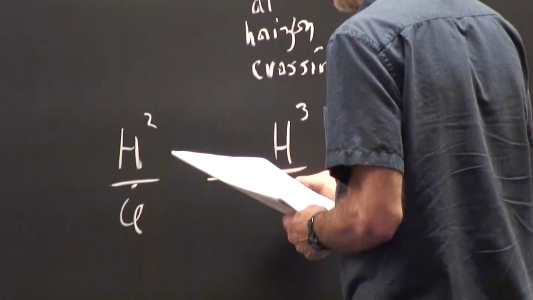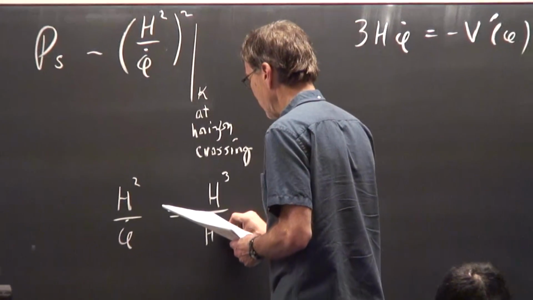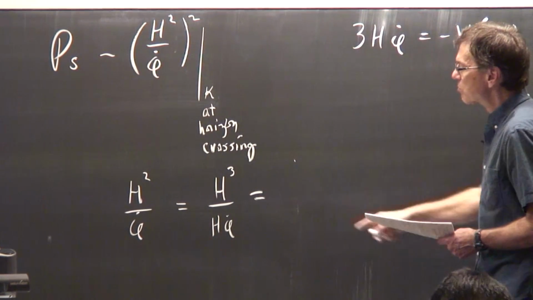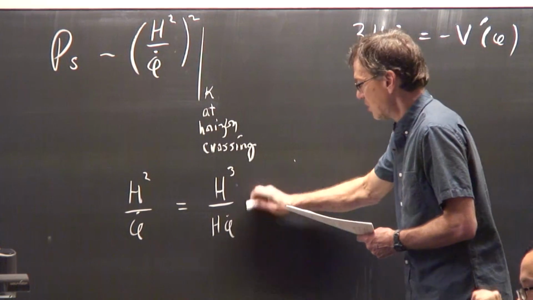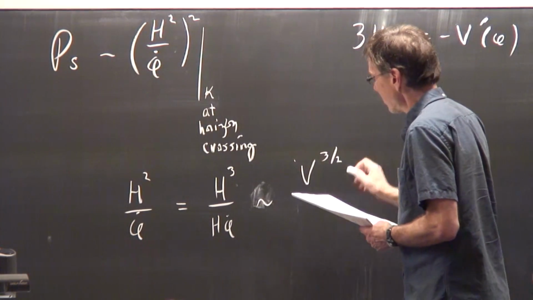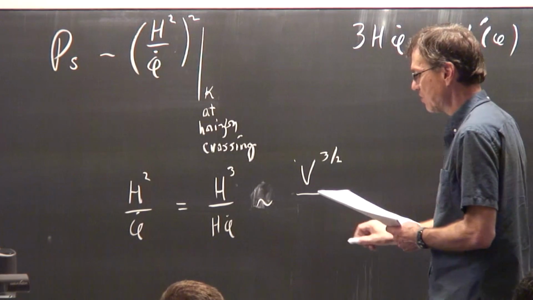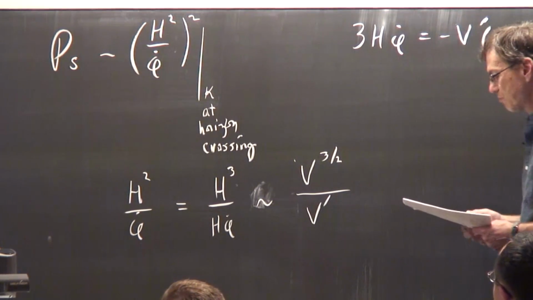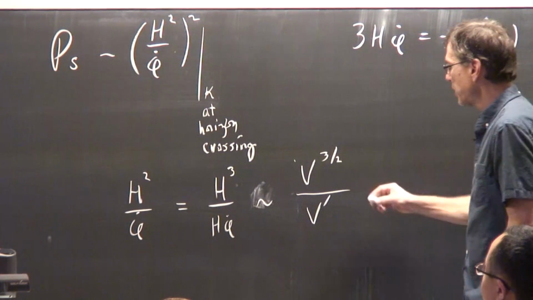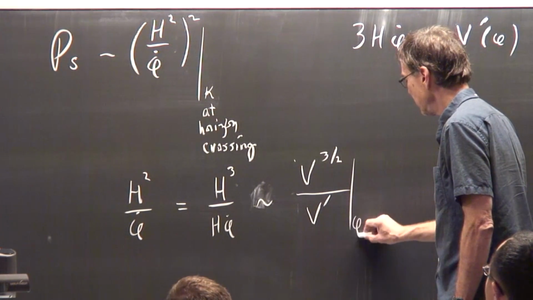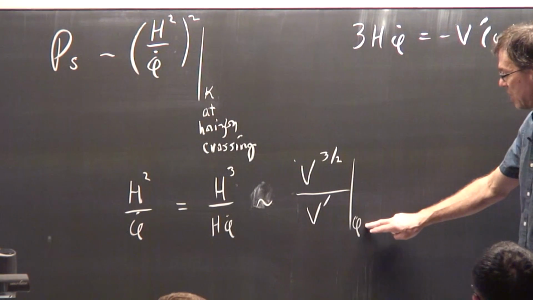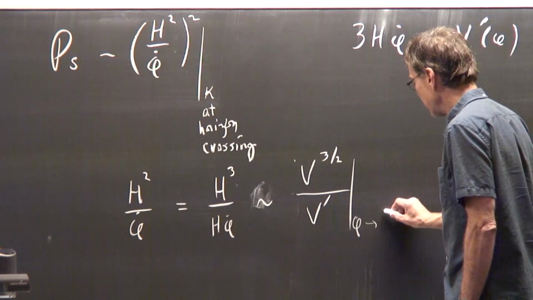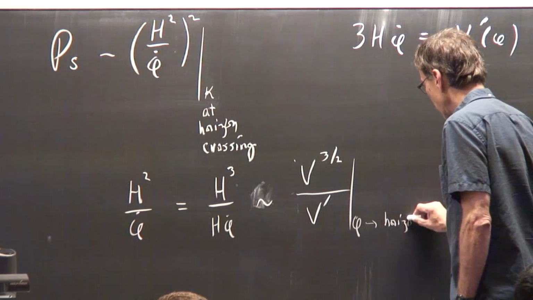So we get H squared over, so H cubed over H phi dot. Ignoring powers of m Planck, this is going to give us something going as V to the 3/2 over V prime. And we have to evaluate that at the value of the scalar field corresponding to when.